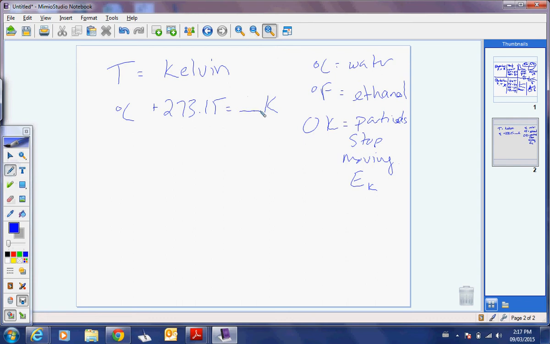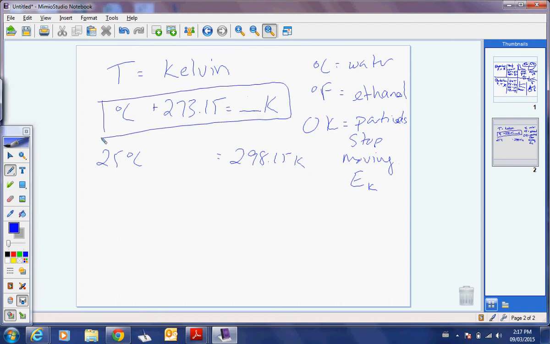This is in your data booklet, kind of, but it says that 25 degrees Celsius equals 298.15 Kelvin. So you have to use your data booklet and work your way backwards by subtracting 25 from that Kelvin to then apply it to 20 degrees Celsius or 19 degrees Celsius. Students find it easier when they memorize this. And if you forget it, you can go to your data booklet and do your subtraction. But if you memorize that, it makes it easier.